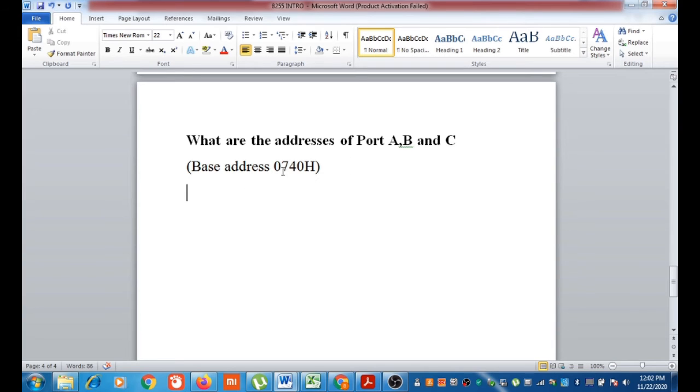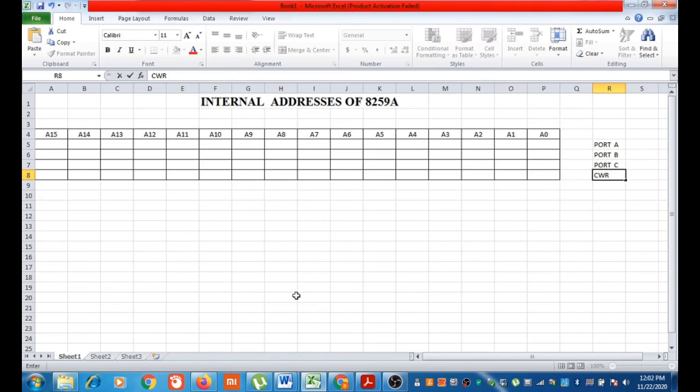We know the base address is 0740H. This is the base address.